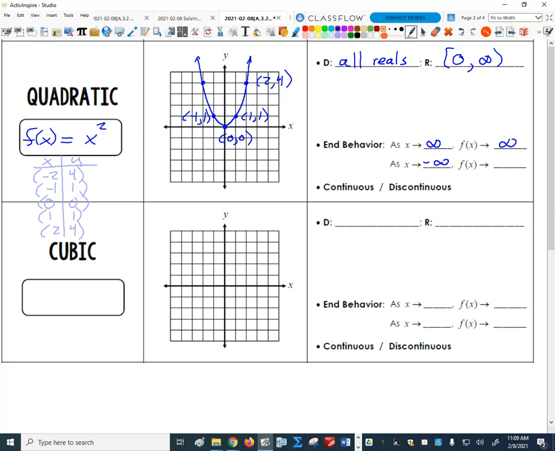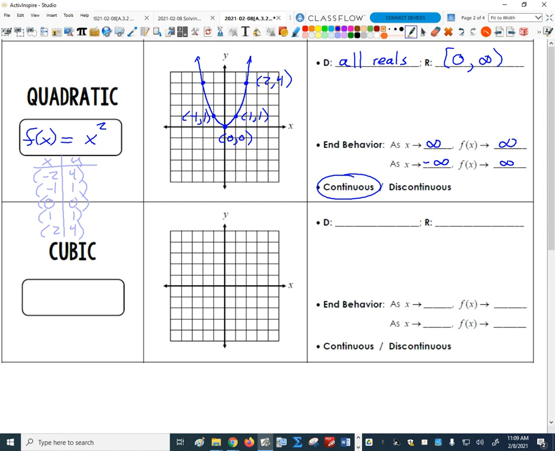Type your answer in chat, please. Yeah, good. It's infinity, right? Because as the ant goes left forever, the function carries it up towards positive infinity in the y direction forever. And once again, this one I can graph without ever taking my pen off the board, so it is continuous.